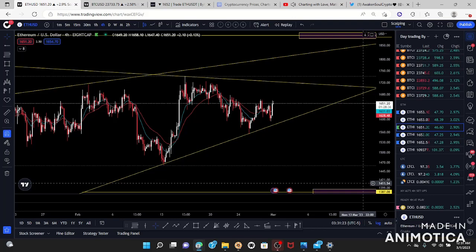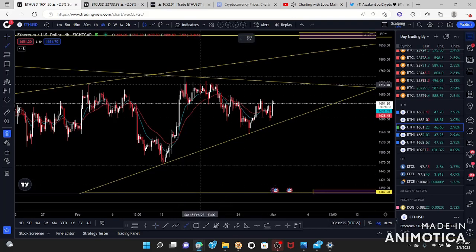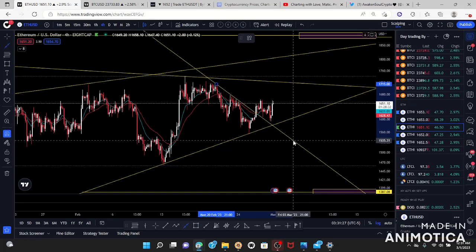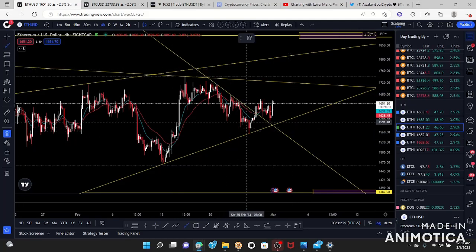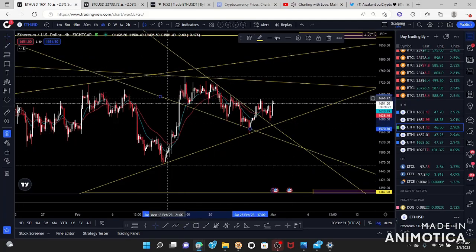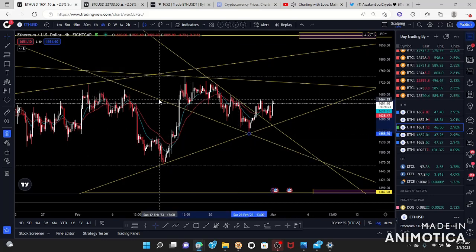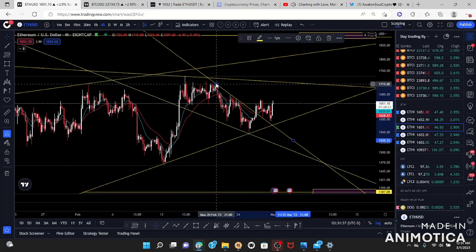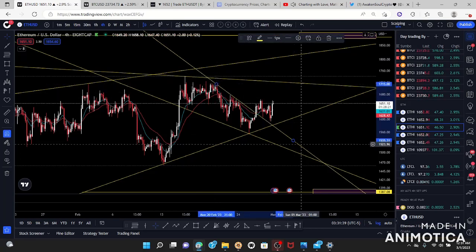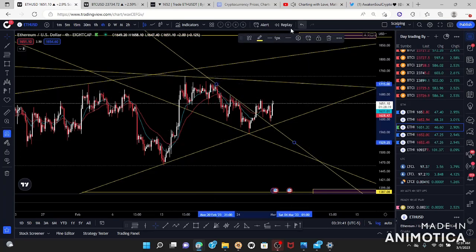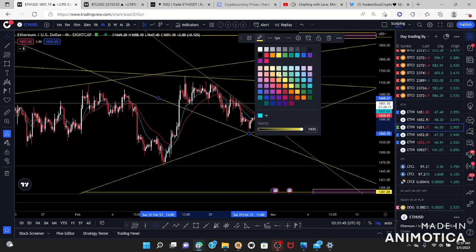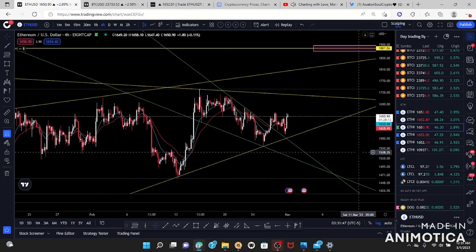Within the 4 hour, I did notice, right here, I had a falling wedge that broke to the upside, and it played out perfectly, to the dot. Let's change the color here. Beautiful.